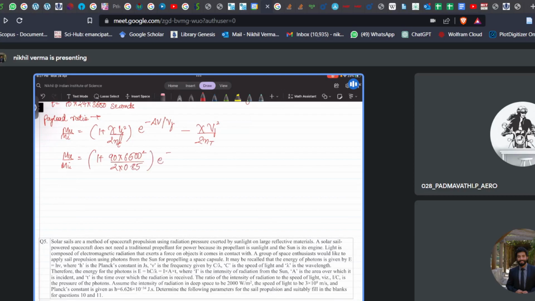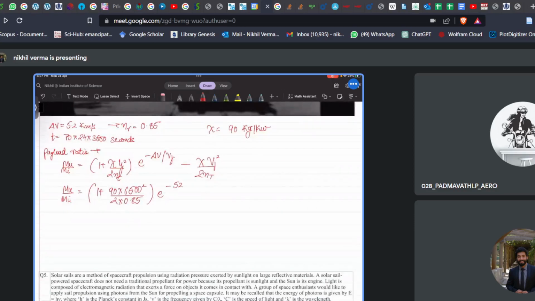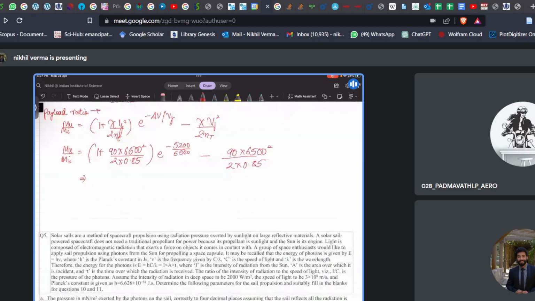The delta V for a particular mission is 5200 meters per second, and the exit velocity is 6500. Again, psi is 90, Vj is 6500 square, 2 into 0.85. Okay, so let us compute this value.